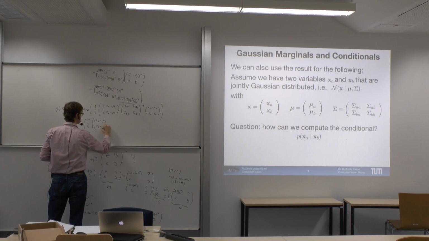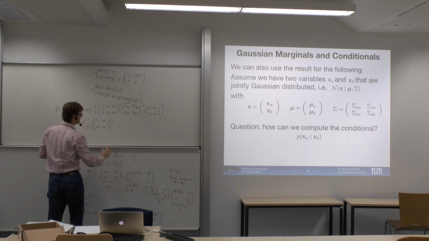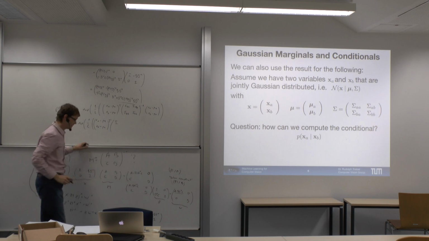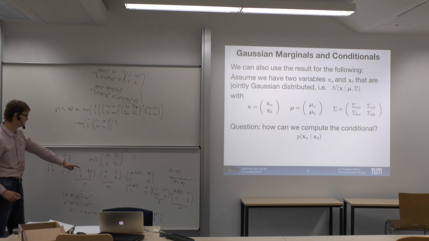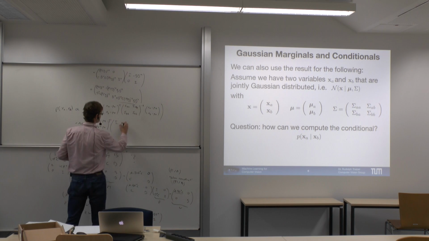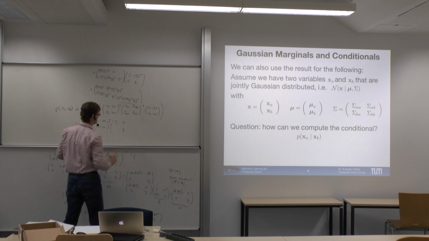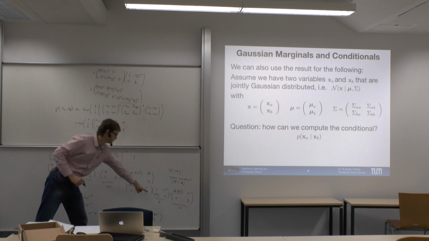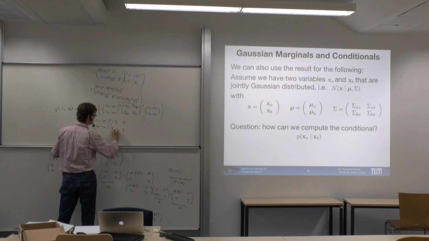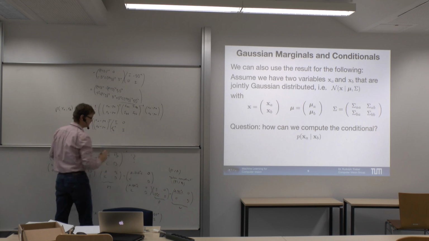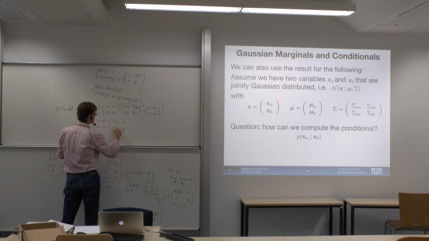XB minus mu B transpose, and now we have again our matrices Z and X. We simply plug in Z, which is this lower triangular matrix. Now we have to plug in D to the minus 1. This is Z, sigma BB to the minus 1 times C, which is sigma BA.